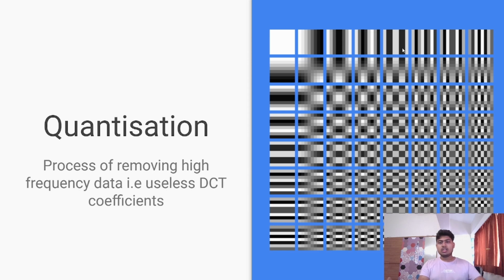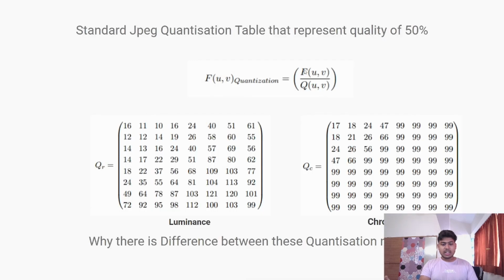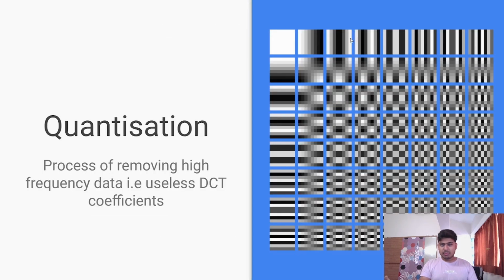No. Because if you see this white color, this white color can be represented by this first line. But the boundary between white and blue can be represented with maybe the second line, like that. So basically the total image is made up of one of these matrices or a combination of them. And what the DCT gave us is the coefficients, which tell us which matrices are being used.